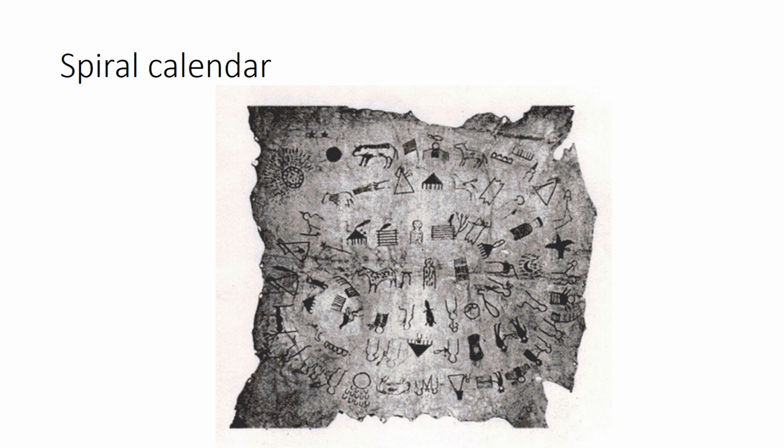Now think about the fact that with the map that we looked at and now the calendar that we've looked at, essentially what we're saying is that once the Europeans encounter the Native Americans, they have completely different interpretations from one another of such basic things as space and time. If you can't agree on what space and time are, odds are there's going to be a lot of other stuff you're not on the same page with.